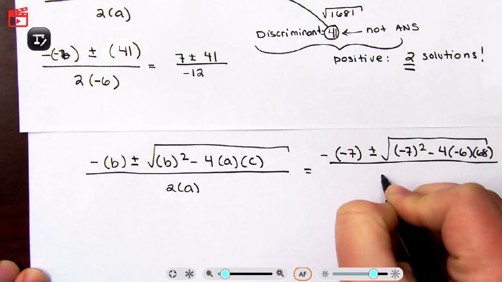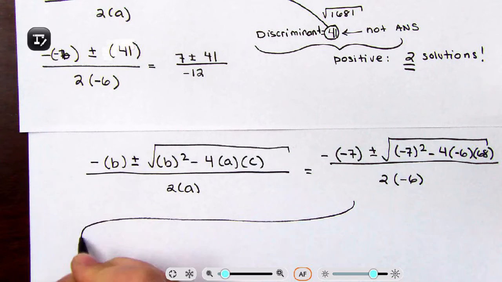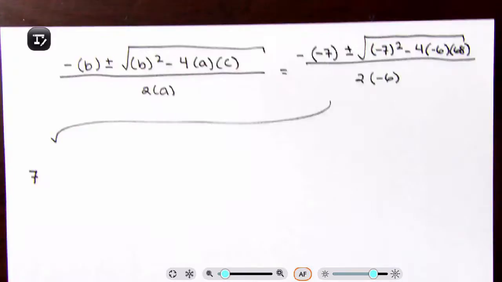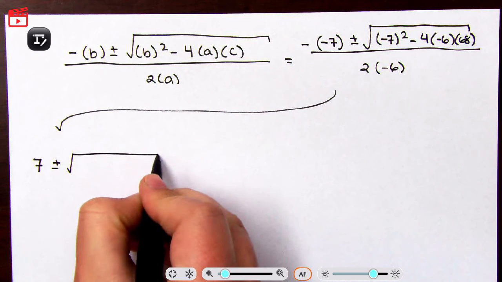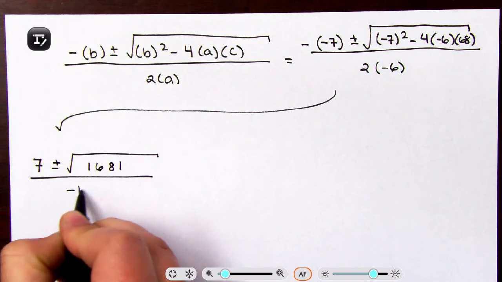All of this is divided by 2 times a, which is negative 6. Now we have positive 7, because a negative times a negative is a positive. I have a positive 7 plus or minus the square root of 1,681. This is divided by negative 12.